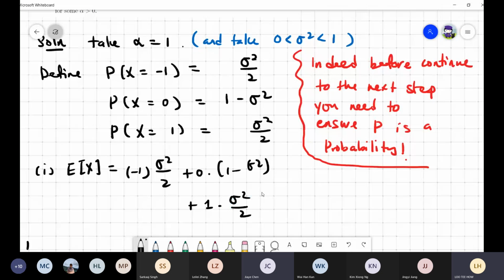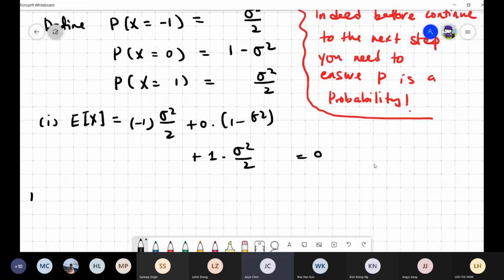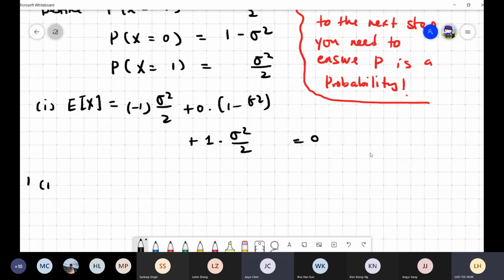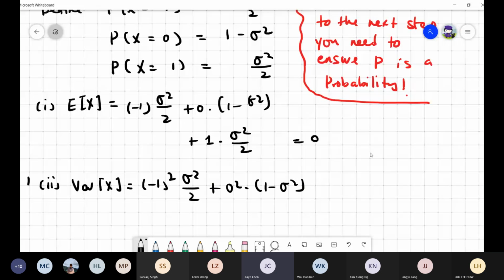So clearly the value must be 0. Then the next one is also quite straightforward. The variance of X will be (-1) square times sigma square over 2, plus 0 square times (1 minus sigma square), plus 1 square times sigma square over 2. So this is the variance, and we got it.